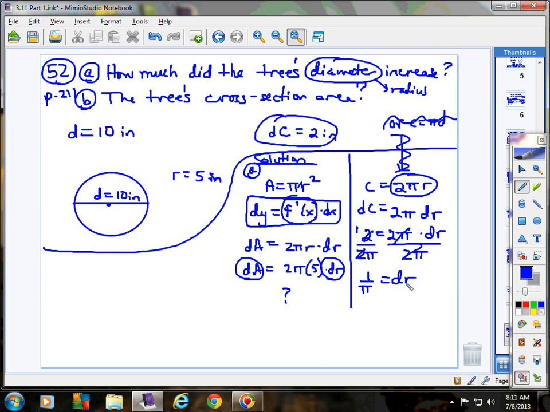If you want to know a change in diameter and you've got a change in the radius, you just double it. So 2 times that. So I guess we could call it a dD, a change in the diameter. So 2 over pi. And on the units, inches.